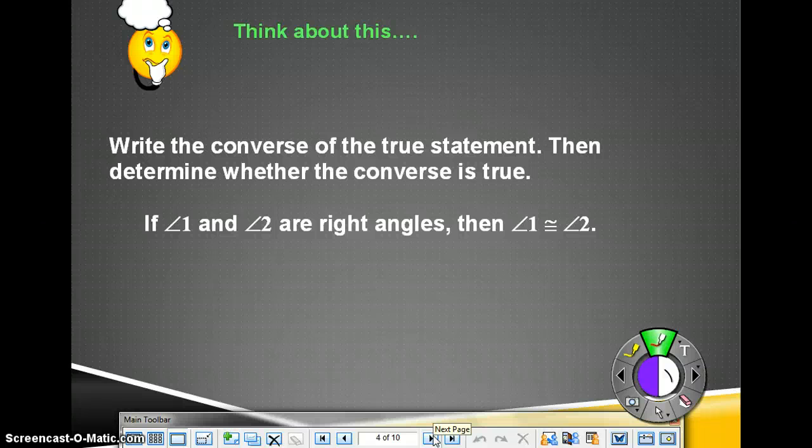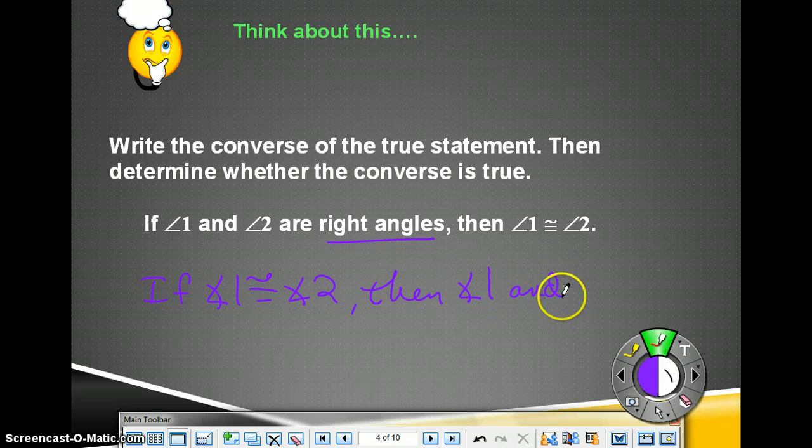Now it actually applies to our geometry stuff. So if angle 1 and angle 2 are right angles, then angle 1 is congruent to angle 2. Okay, so if we're going to do the converse, we're going to switch that. So that would be if angle 1 is congruent to angle 2, then angle 1 and angle 2 are right angles.